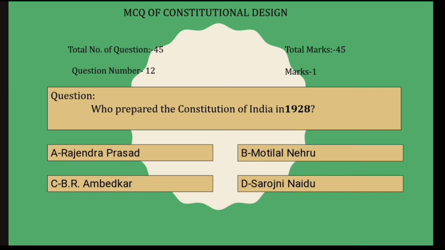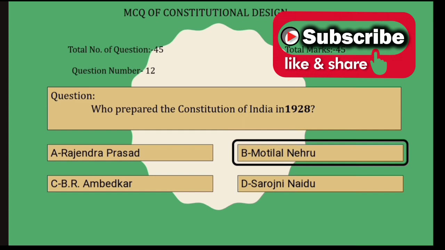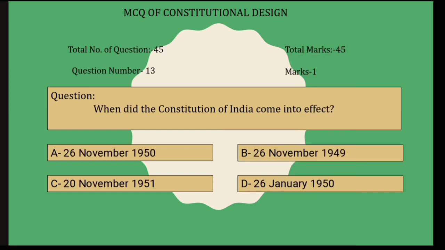Question 12. Who prepared the Constitution of India in 1928? Option A. Rajendra Prasad, B. Motilal Nehru, C. B.R. Ambedkar, D. Sarojini Naidu. Correct option is B. Motilal Nehru. Question 13. When did the Constitution of India come into effect? Option A. 26 November 1950, B. 26 November 1949, C. 20 November 1951, D. 26 January 1950.